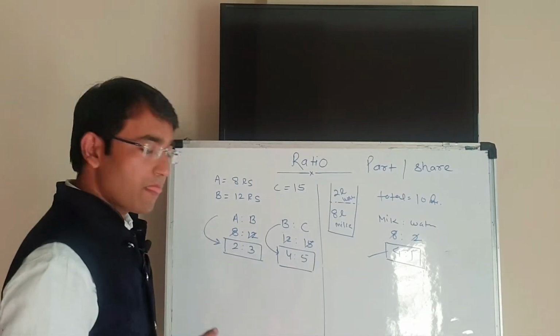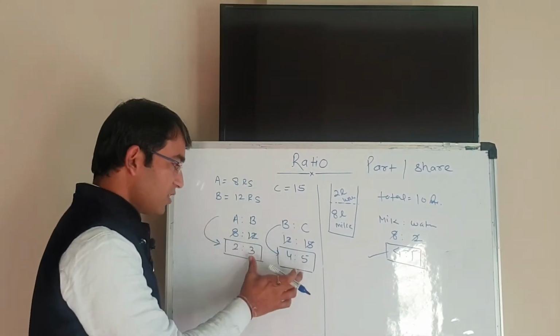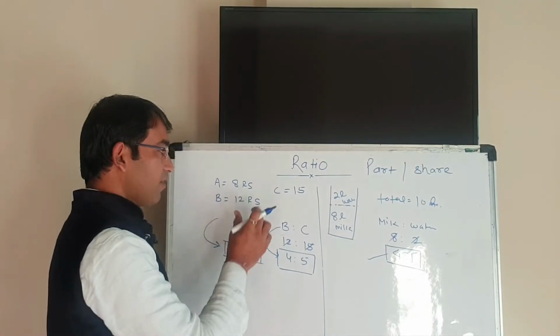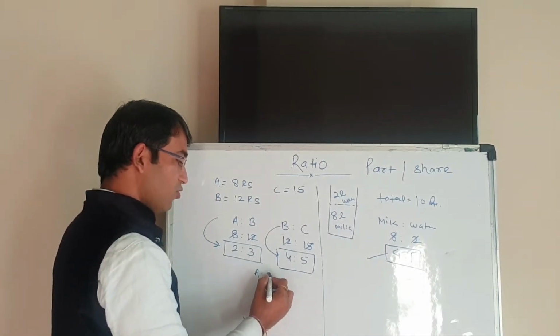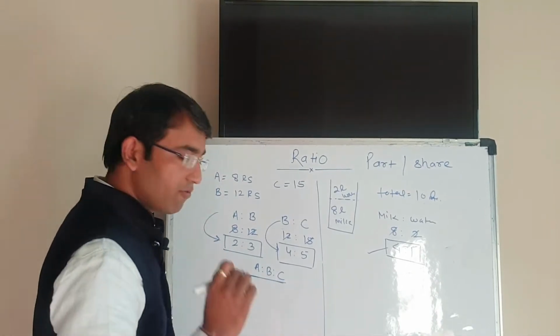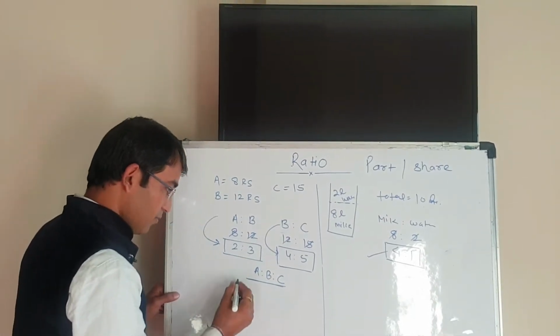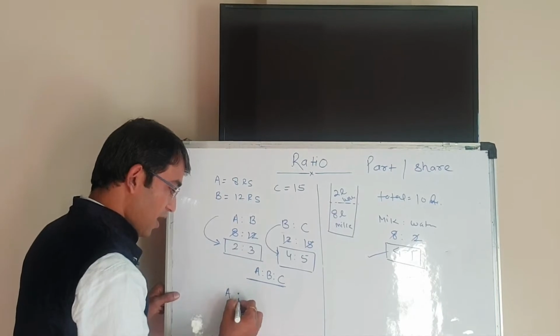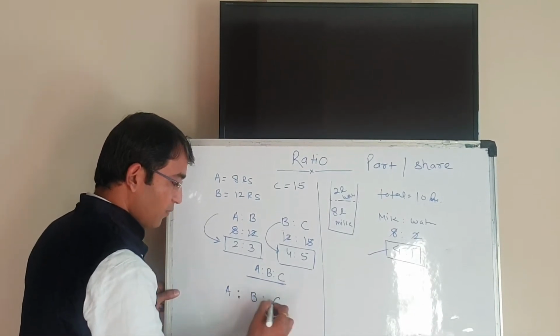So if the ratio is given in such a format and we have to calculate the ratio of A ratio B ratio C, we have to understand method 1. So take method 1. Here A, B and C. B is a mediator.